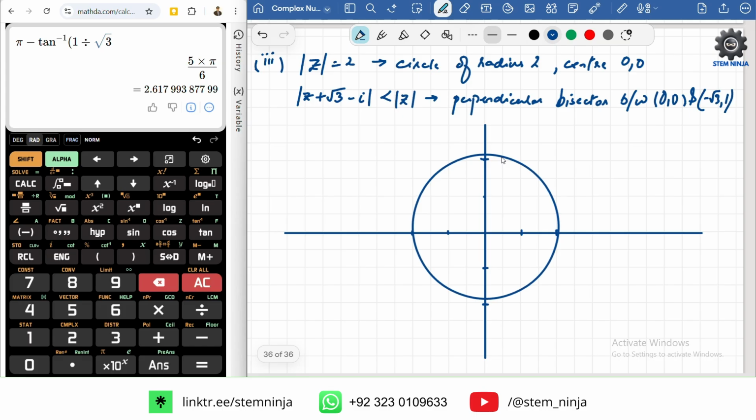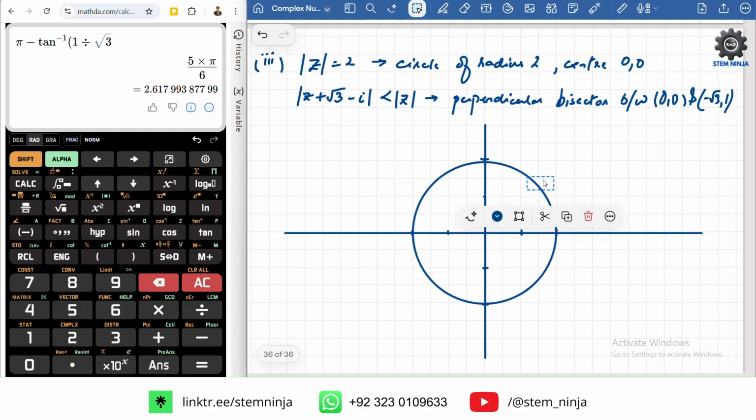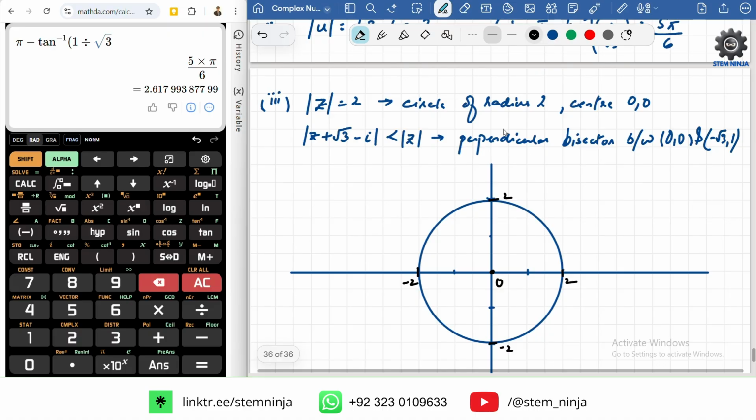You have to draw this with a compass on your exam. It would be better if you knew some constructions, like how to sketch perpendicular bisectors with compasses. So this is your minus 2, this is your 2, this is your 2, this is your minus 2, this is your origin.